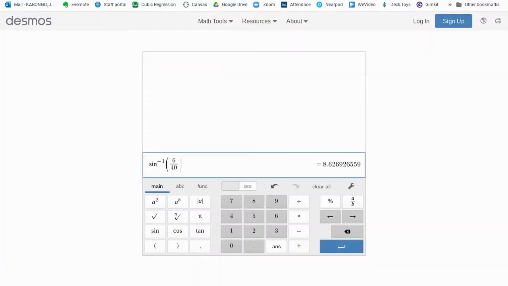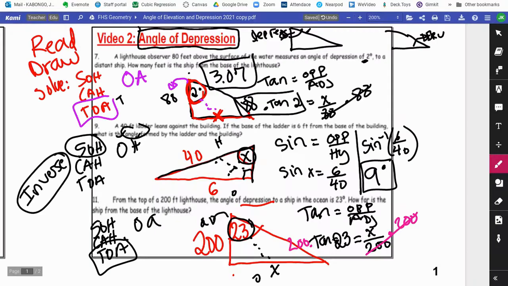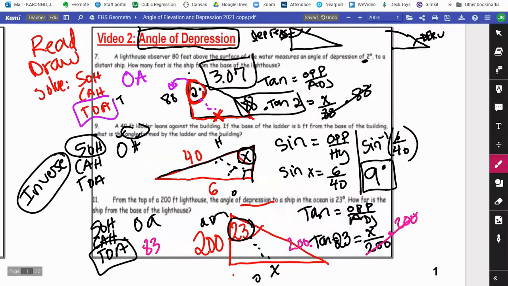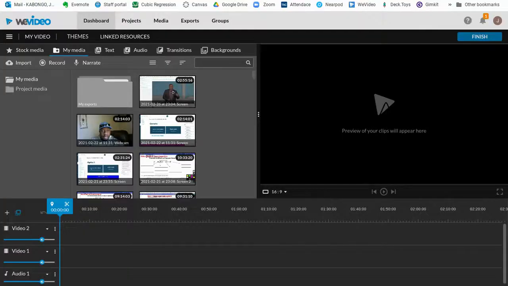Go to your calculator. You say 200 tangent 23. The answer is 83.89. All right, final answer is 83. Is that right? 83? 84. I'm sorry, 84.89. And just like that, we're done. All right, not so difficult.